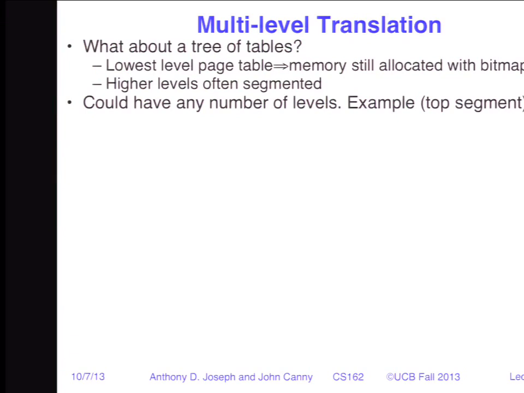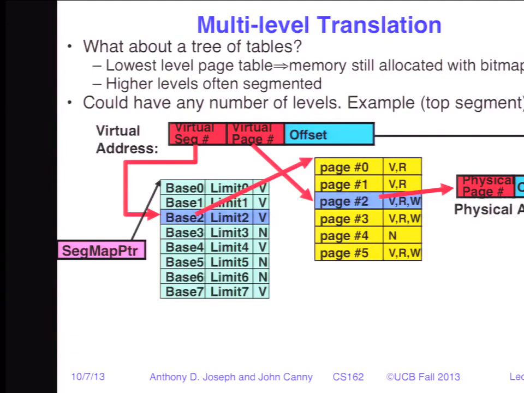But in reality, we could have all the bits and the sizes and everything to make sure we actually had a valid translation. So first of all, we have to check to make sure that this virtual page number is not larger than what would be allowed by the limit. Right? That is, we ran off the end of the table. We also have to check to make sure that this segment is actually a valid segment. Right? Some of these are not, like this one's not valid, right?